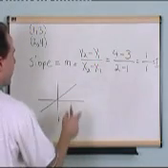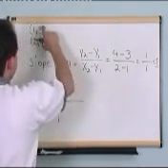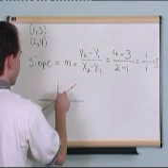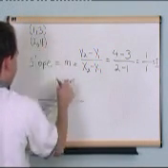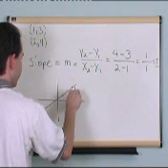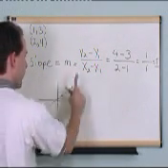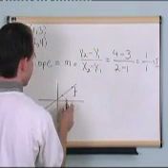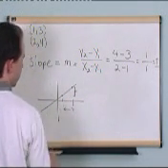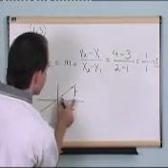And if it's really shallow, it's going to be moving up very slowly as it's moving over to the right. So what you're doing here is taking two points on your line. Let's say 1 point was here and 1 point was here. You're taking the y values and subtracting them, and you're getting this distance right here. And that's how fast it goes up. And then you're taking the two x values and subtracting them. And that's how far it moves over.